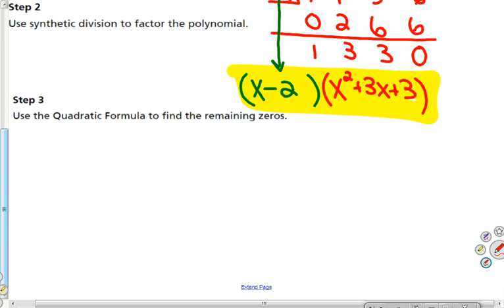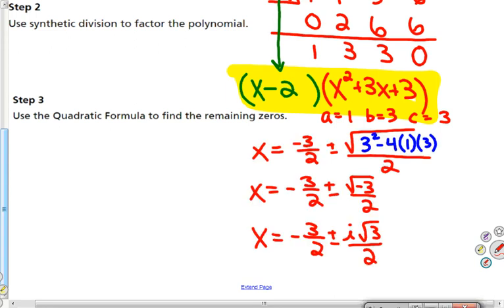So, our A is 1 because of the 1x squared. Our B is 3 because of the 3x. And our C is 3. To save time for those of you watching the video, I'm going to pause it, do the quadratic formula, and you'll see the solutions. Here are the solutions, negative 3/2 plus and minus i root 3 over 2.